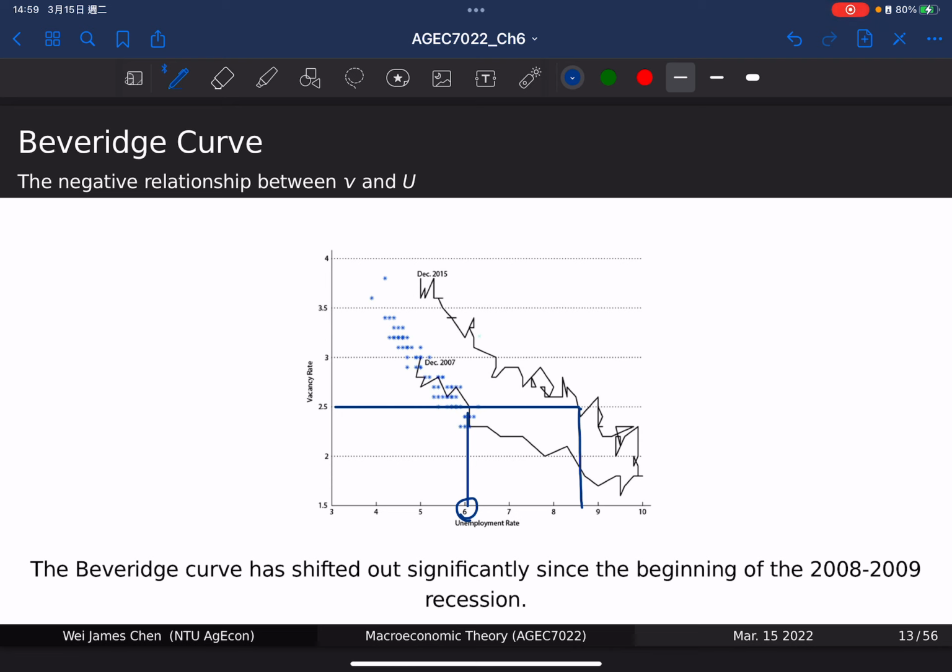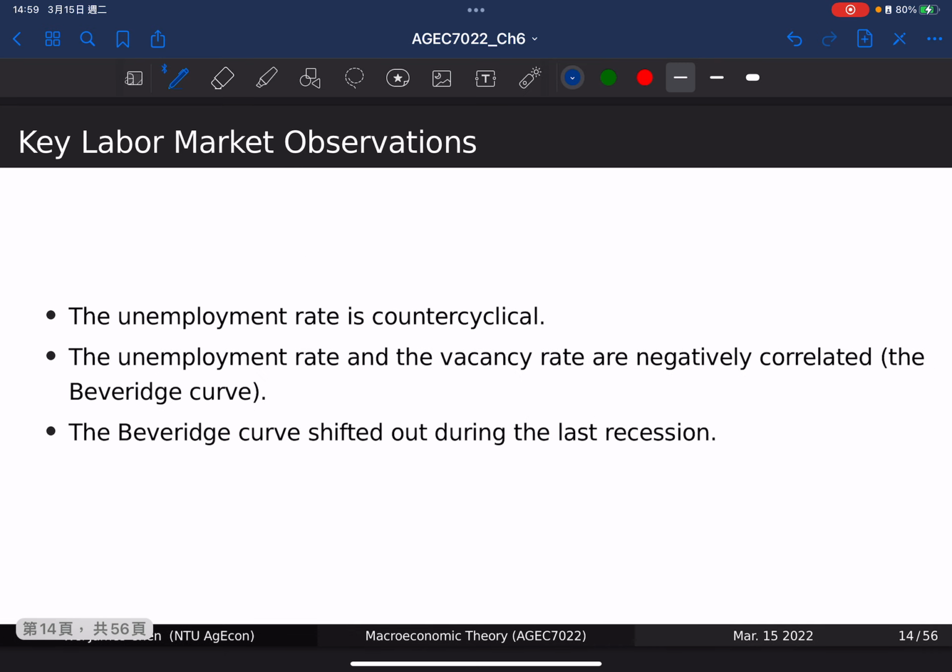So given the same level of vacancy, now the unemployment rate is even higher. There is still a negative correlation, right? This line is still negatively correlated. And even if you eyeball it, you can see that the slope doesn't really change too much, if it changes at all. But there's a shift. So, key observations here: first, the unemployment rate is countercyclical.